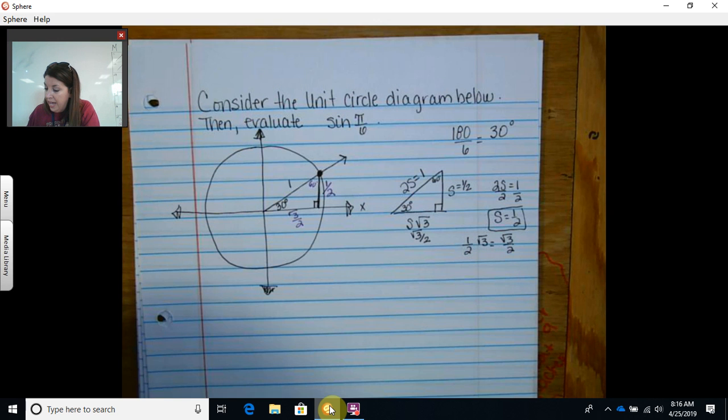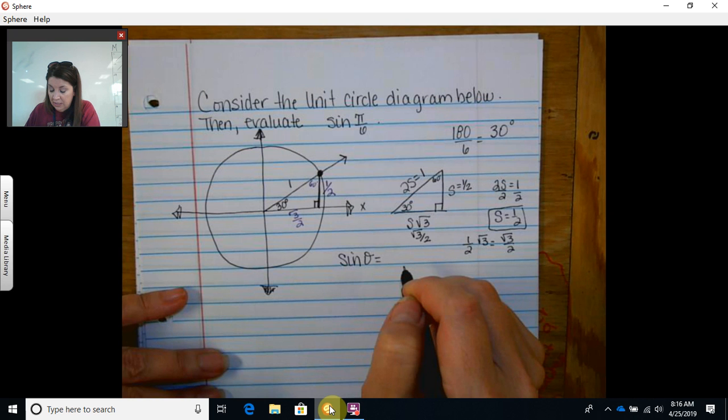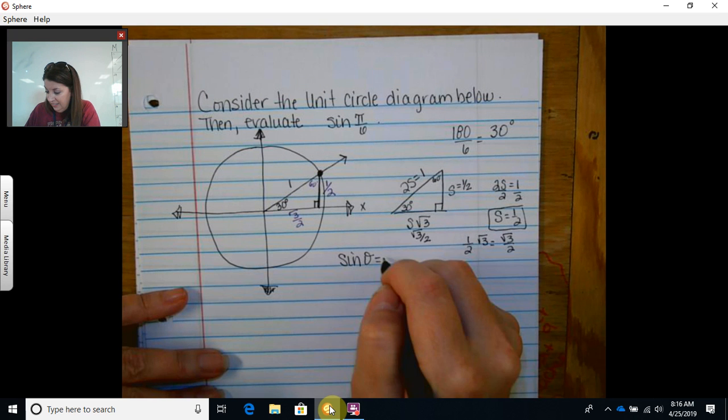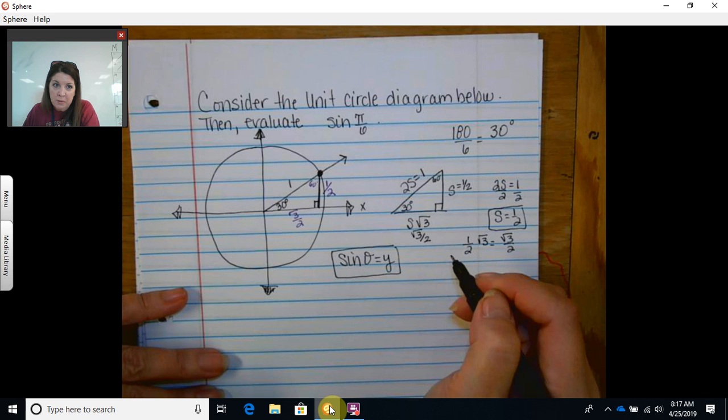Now they asked us for sine. So remember, your sine function, sine of theta equals what? Is it x? Is it y? Is it y divided by x? Sine of theta is y. So if I'm just looking for the sine of theta, remember also sine is opposite over hypotenuse.